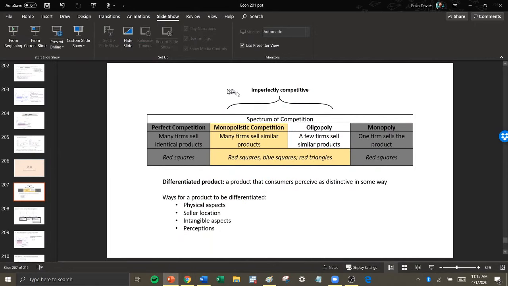Okay. So on Friday, we are going to look at the middle part of our spectrum of competition. This is the interesting part. This is where things get kind of funky. This is the part of the spectrum that is most like reality. So perfect competition is a purely theoretical point on the spectrum of competition.